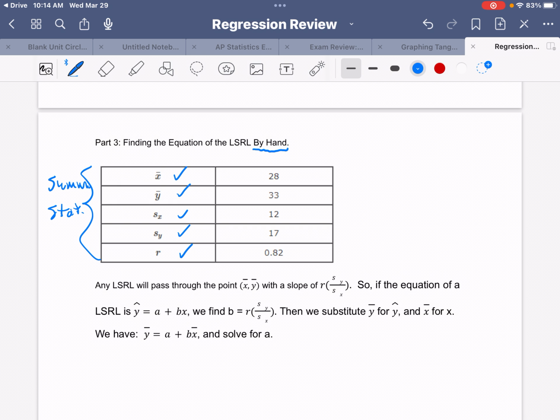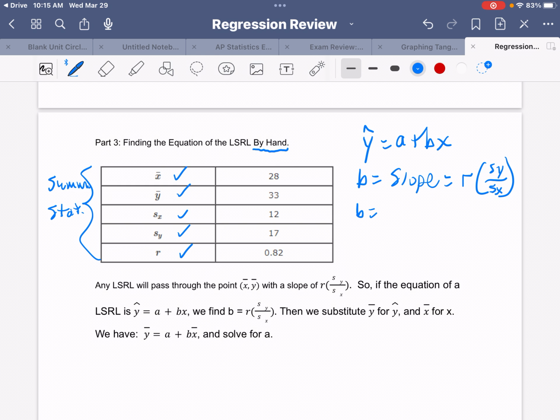I just wanted to go through the process. We're looking for the equation of the least squares regression line y hat equals a plus bx. b equals the slope, and the slope is found by multiplying r times the standard deviation of y over the standard deviation of x. By the way, this formula is on the official formula sheet.